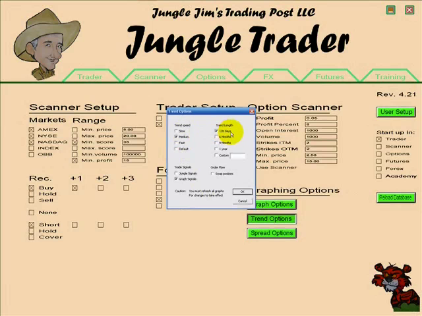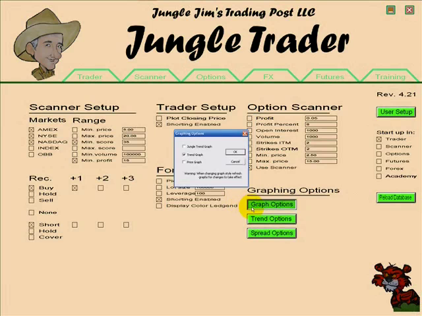I have it currently set for 120 days, but you can use any value up to the amount of data that's in your database. You can use our proprietary jungle signals or the signals from the graphs themselves. I am currently using the graphing signals. Under graphing options, you can use our normal type of red and green line graphs, the trend graphs which we are currently using, and a price graph which is a red and green graph with the price superimposed over.